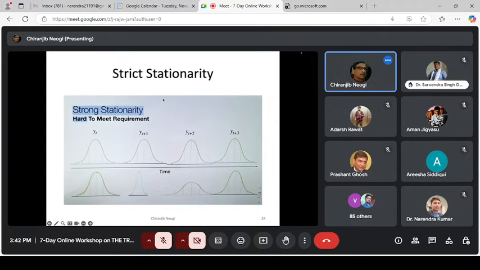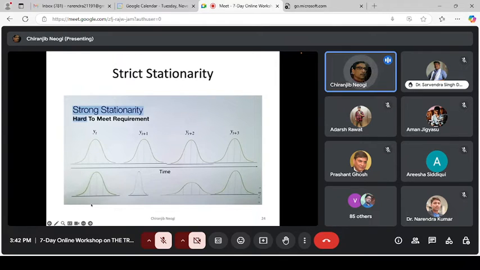In the first panel, we have the same pattern of distributions over time. The distribution pattern is the same over time. But this is hardly realized in reality. Hardly do we find this in reality.